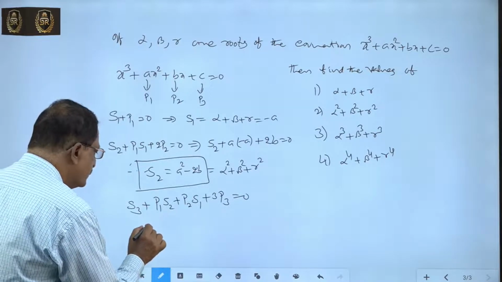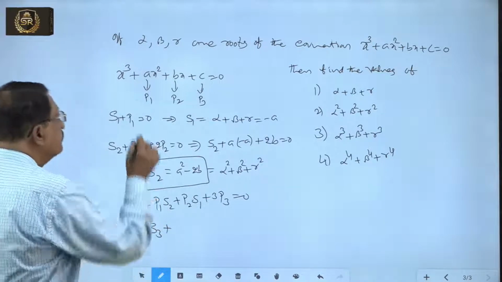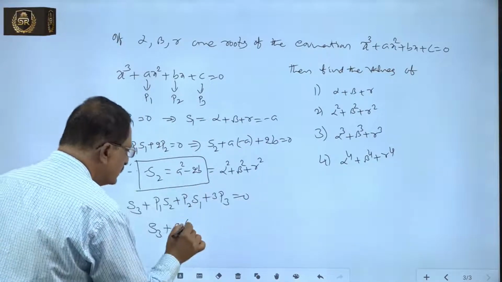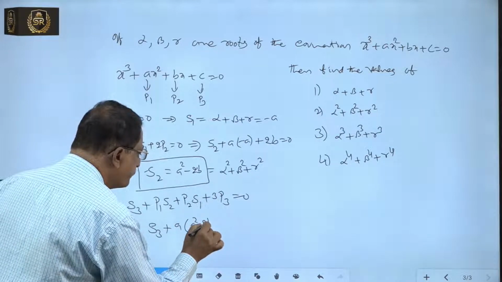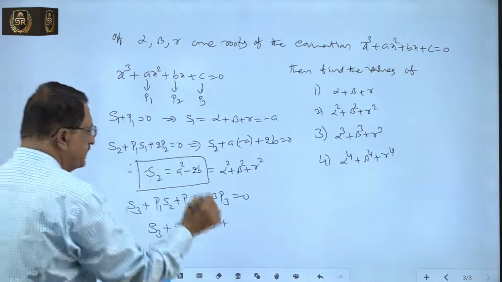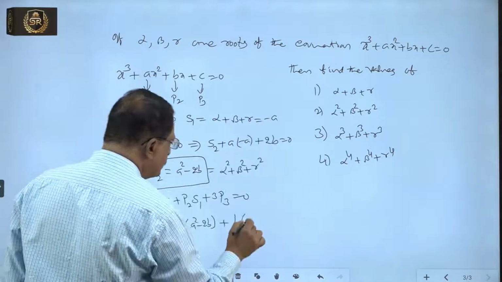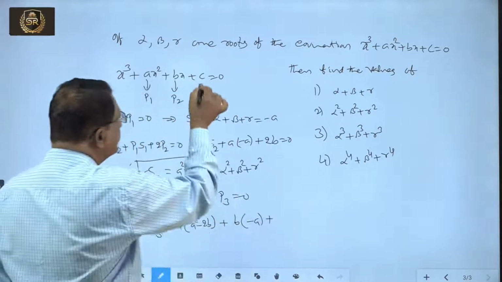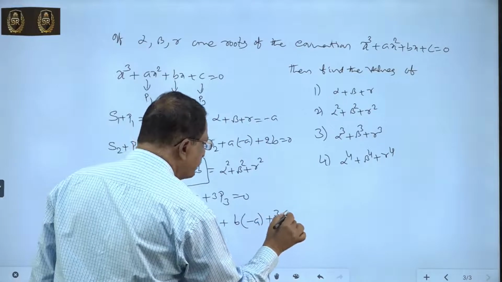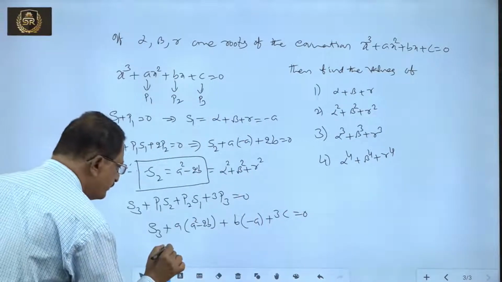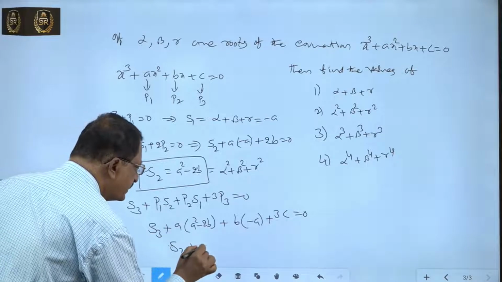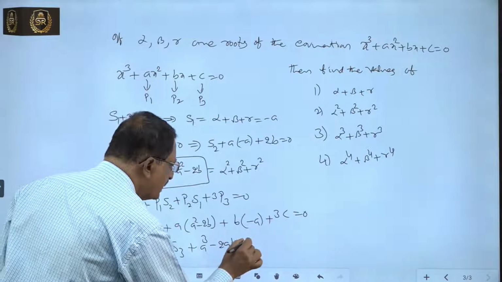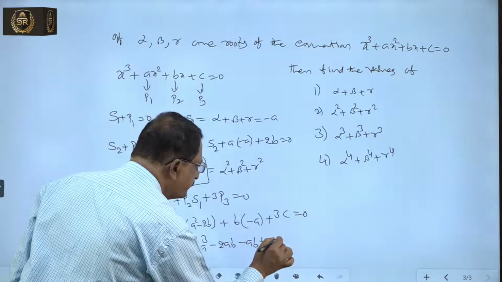Now, S3 plus P1, which equals a, into S2, which equals a square minus 2b, plus P2, which equals b, into S1, which equals minus a, plus 3P3, where P3 equals c, so 3c equals 0. Now S3 plus a cube minus 2ab minus ab plus 3c equals 0.